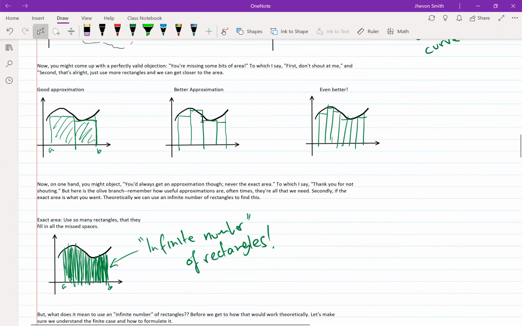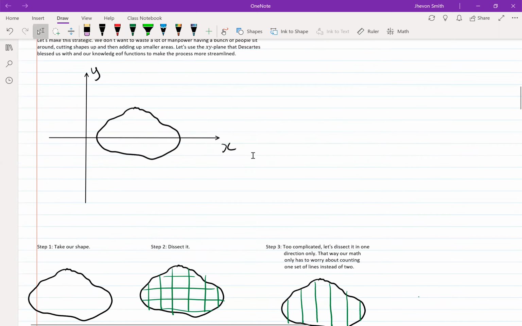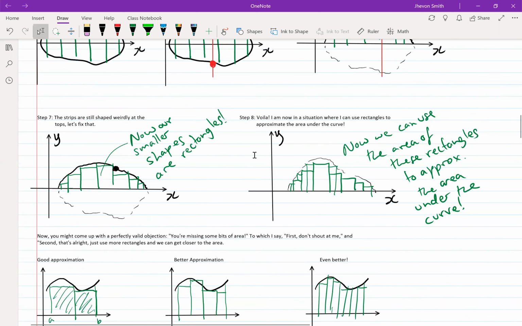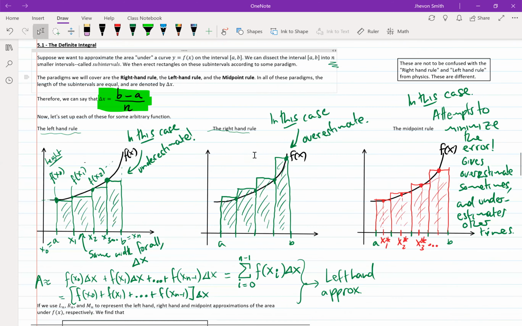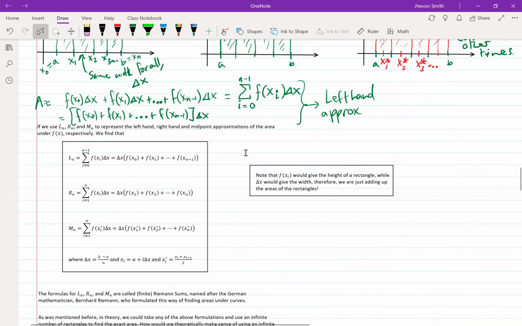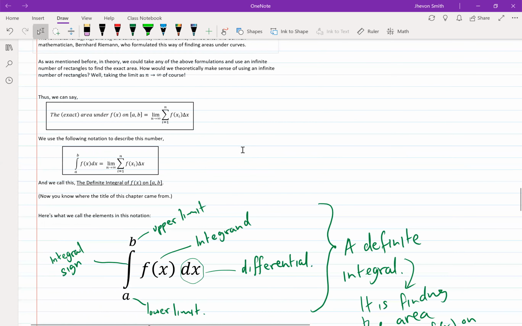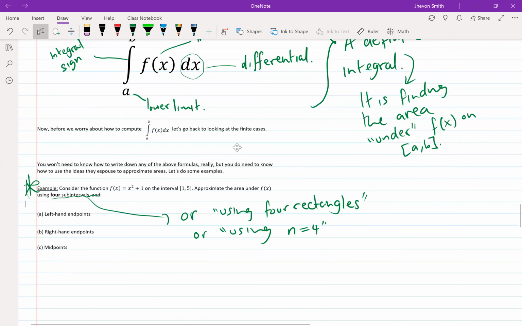So this is just to satisfy your curiosity, and hopefully some of you enjoyed the exposition of what we were doing, why it kind of works out that way. Theoretically, you won't need to know how to explain all of that, though. Practically speaking, what you need to do is to be able to do the finite case here. So let's actually get to that.